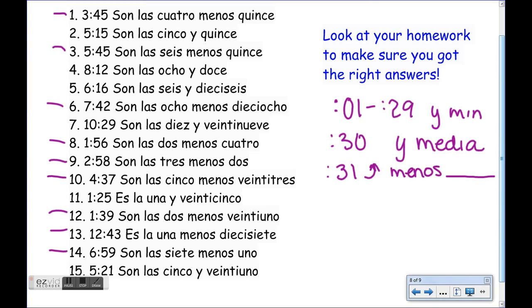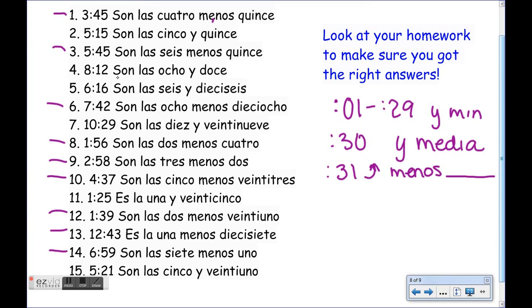So let's look at the first one. We have 3:45. First we need to boost the hour to 4 o'clock, so we say son las 4. And then we say menos because it's not 4 o'clock yet. And then we tell how many minutes until 4. And that would be 15 because it's 15 minutes until 4. So son las 4 menos 15. Alright, number 2. Son las 5:15. Number 3.